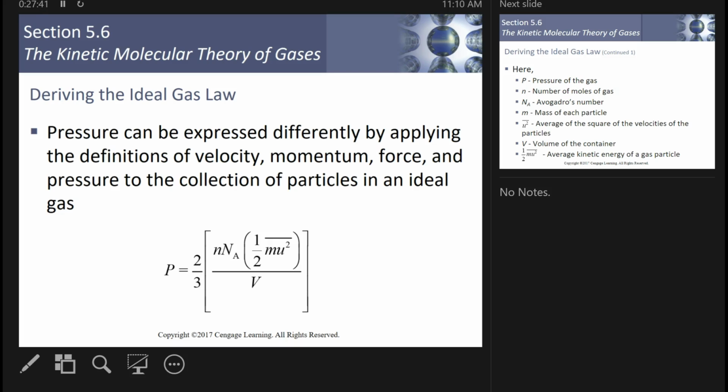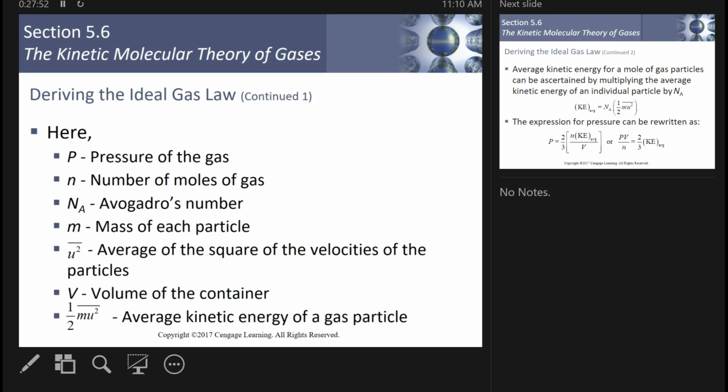We don't need to worry about this formula, but pressure can be expressed differently by applying velocity, momentum, force, and pressure, which you can look at in physics.